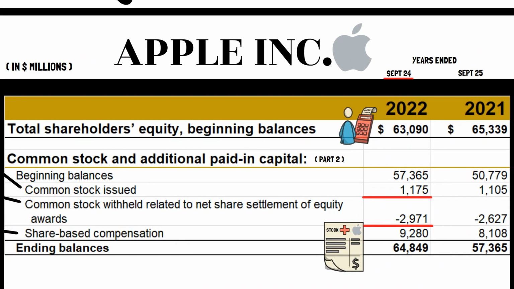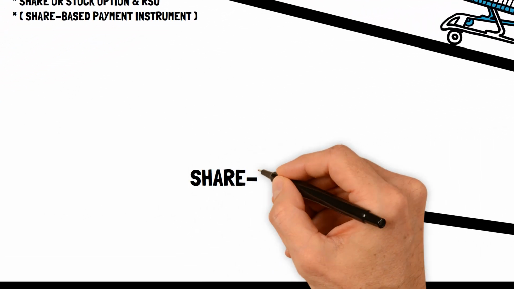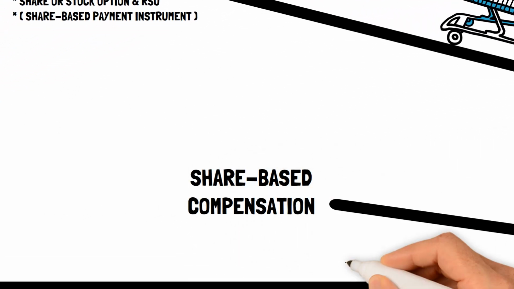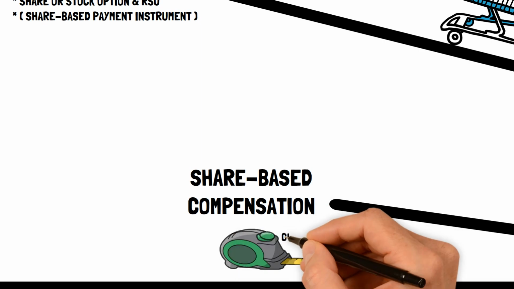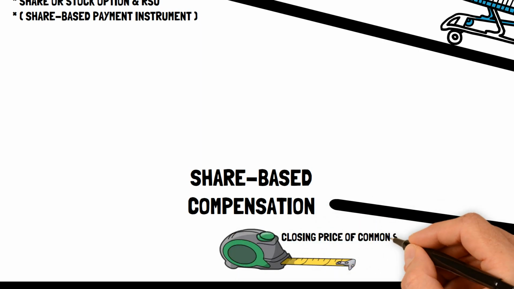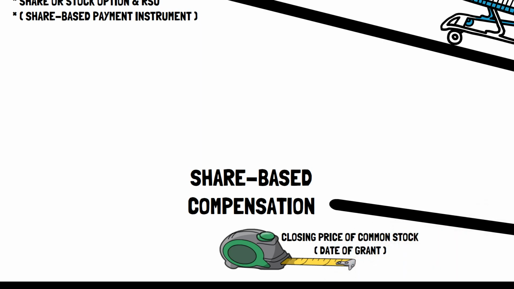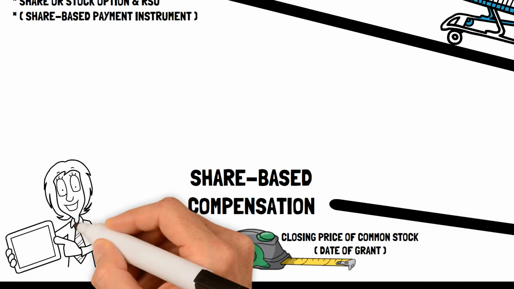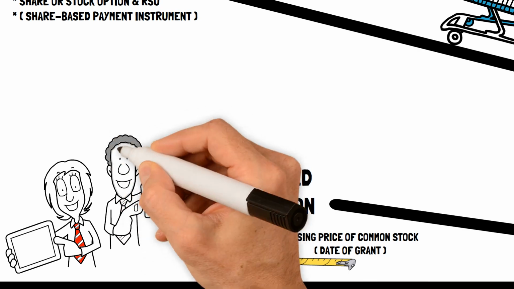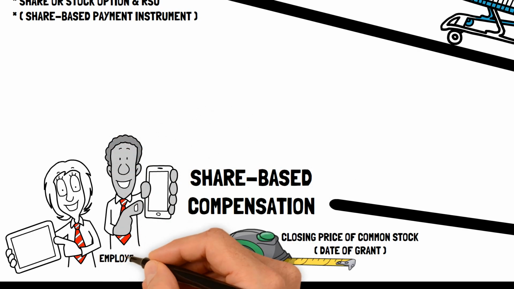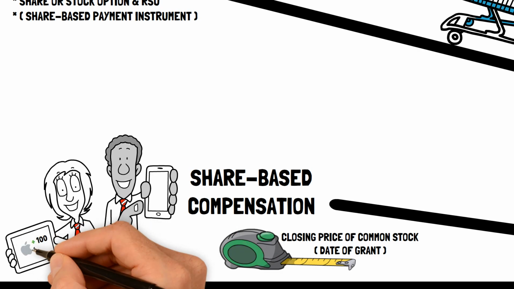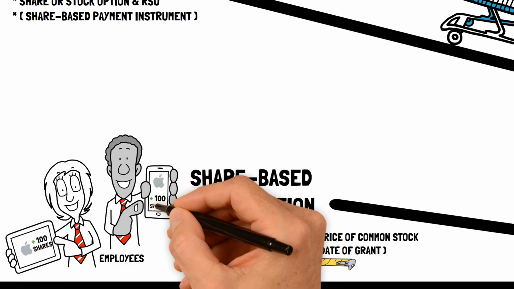Share-based compensation is the last row to examine in the first part. The value of the shares used for the share-based compensation is measured as the closing price of common stocks due to the date when the granting of the awards is authorized. A popular share-based compensation is to reward employees with ownership in the business and give them shares as a company benefit.